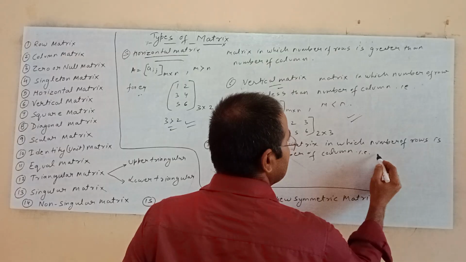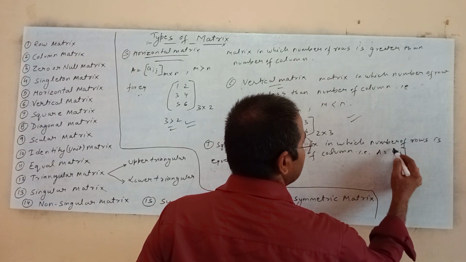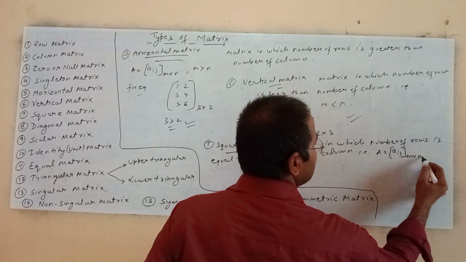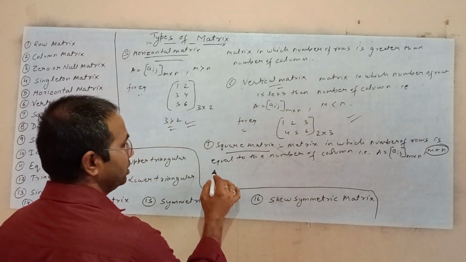That is, you can say that A is equal to Aij, where m cross n, m is equal to n will be. Okay.